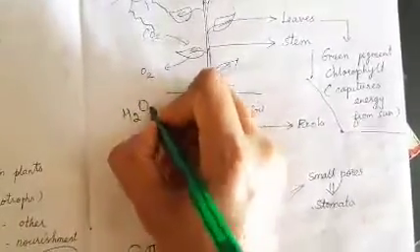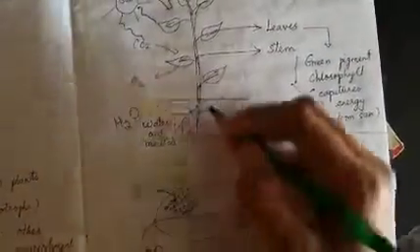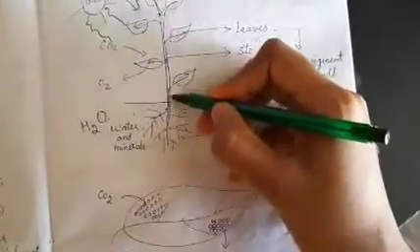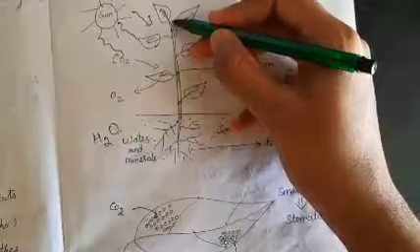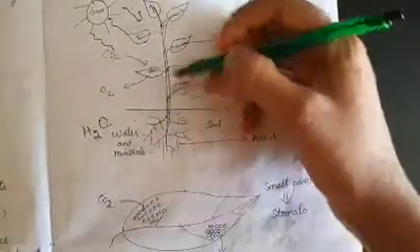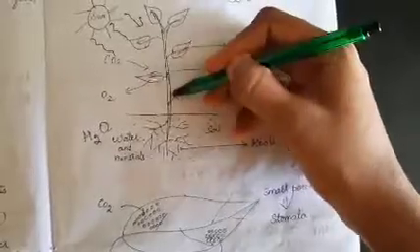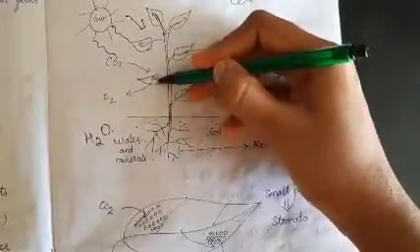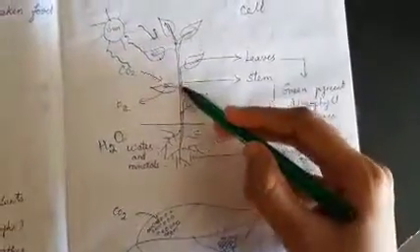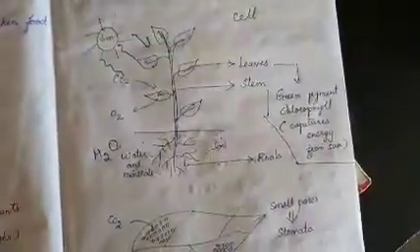H2O. Do you have the oxygen there? Right? So the water which is absorbed by the roots will travel in the upward direction and be distributed to all the parts of the plant. So obviously leaves too will be getting the distribution of water. And through the photosynthesis process, oxygen is released out.